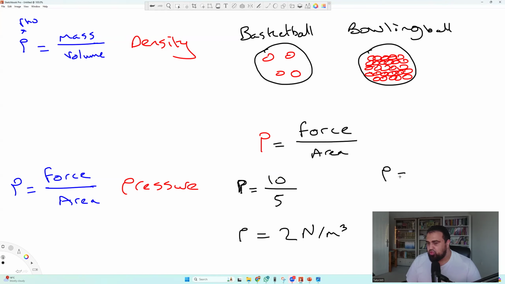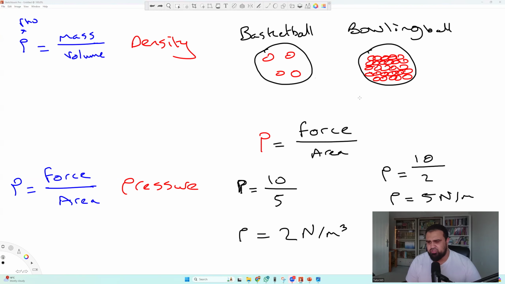But your finger has a way smaller area. So it's still the same force. I told you to push down on it with the same force. But this time, the area was much smaller. Let's say it was 2. And 10 divided by 2 is equal to 5. You're feeling 5 newtons of force per meter cubed.